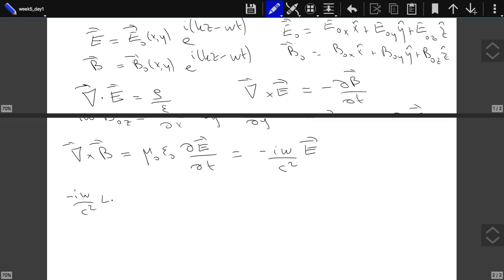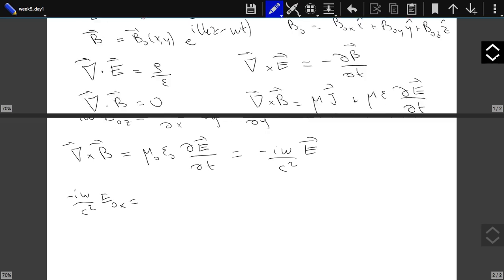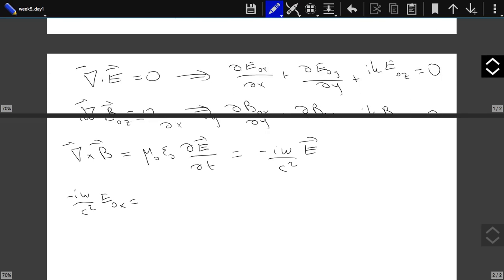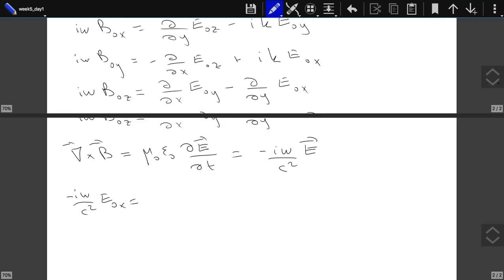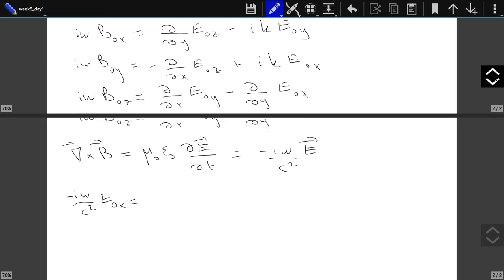Minus i omega over c squared E0x is equal to, well, I will just copy it almost straight away from my previous results. It's just instead of B, I will have E. Instead of E, I will write just B. Just look at those three equations we obtained previously from the curl of E. Mathematically, this equation just looks the same, so expressions will be identical, with only this factor different on the left-hand side. So I will just write it away.